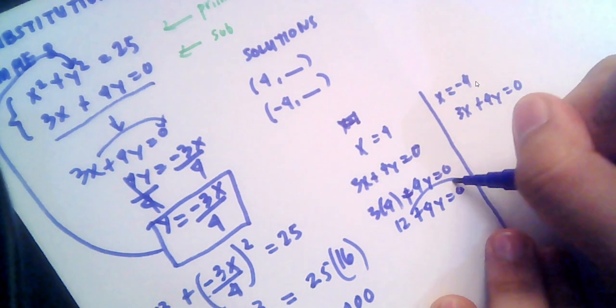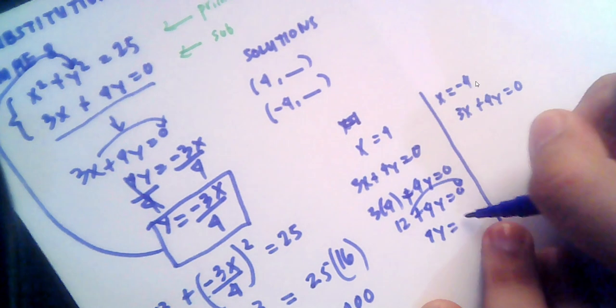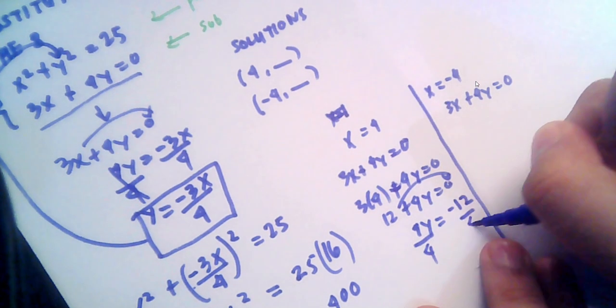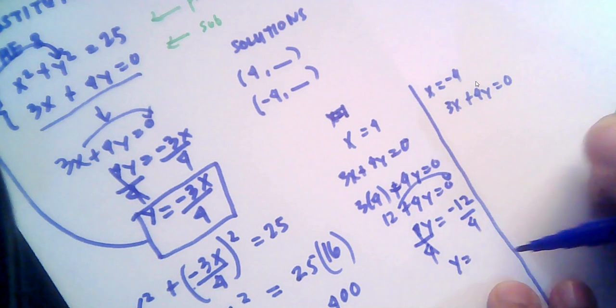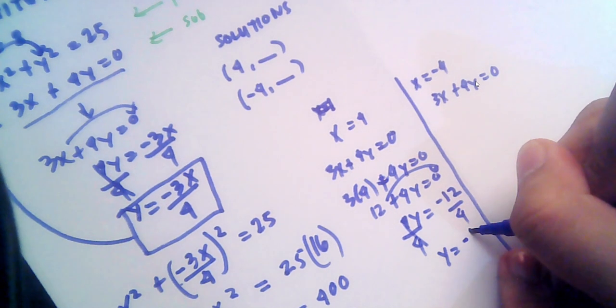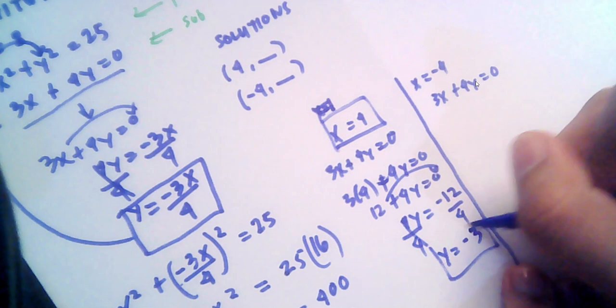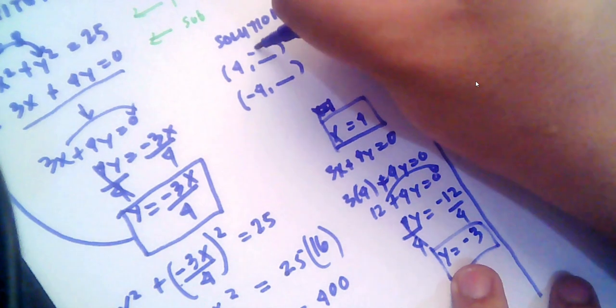Okay, we transpose this. 4y is equal to negative 12, divided by 4 to cancel it out. y is equal to negative 3. So x equals 4 is paired with y equals negative 3.